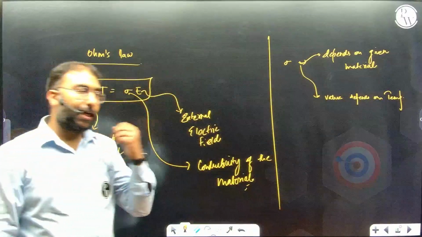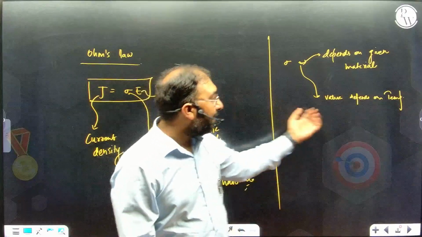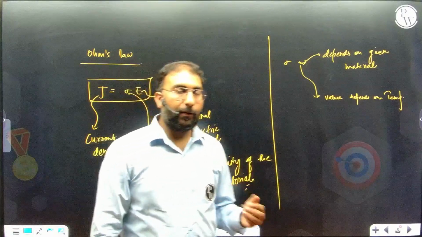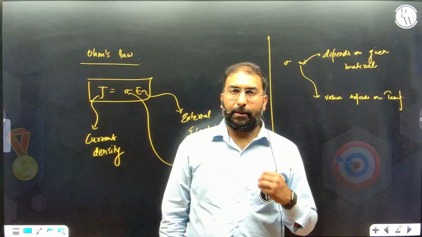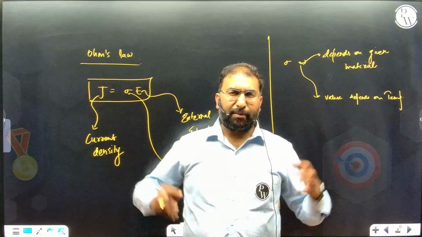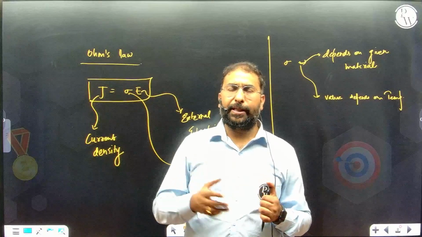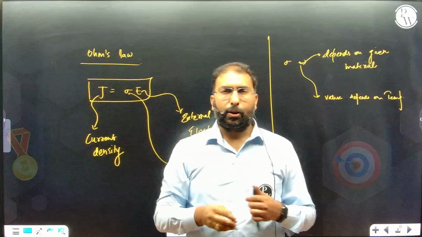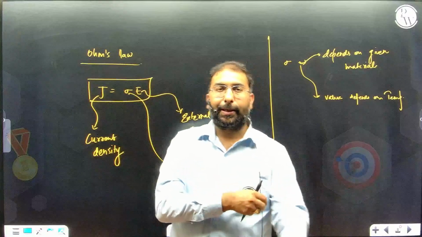So in case of conductors, what happens? In case of metallic conductors, when we increase the temperature, sigma will decrease, okay? Inverse relation is there. Because as we increase the temperature, the thermal speed of the electron increases, then more collisions will be there, and it will be difficult for an electron to move through the conductor from the positive terminal to the negative terminal.